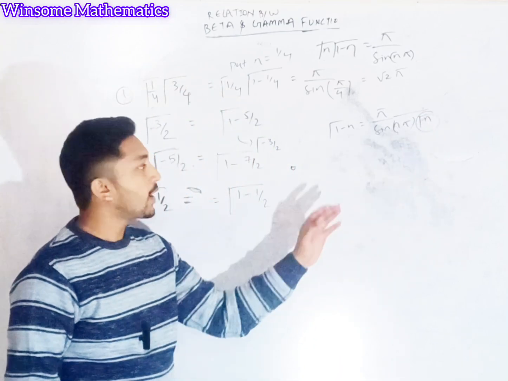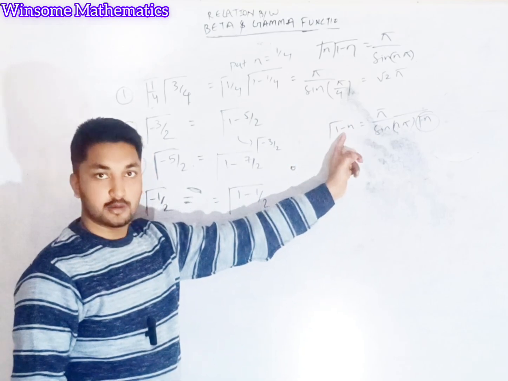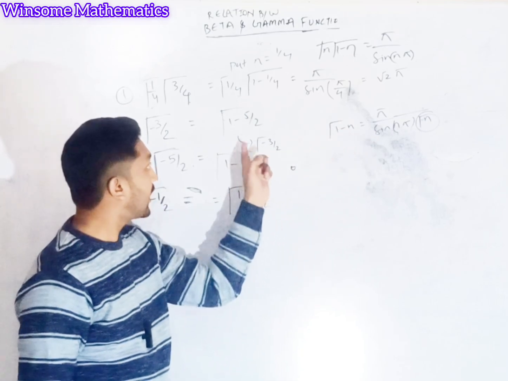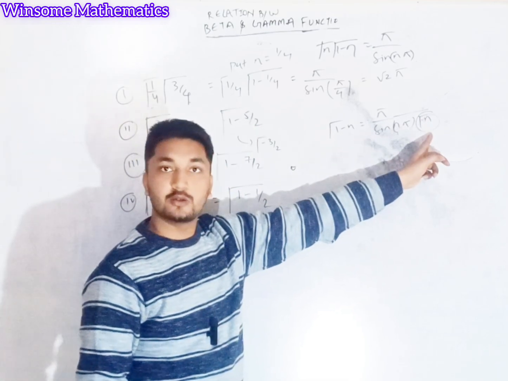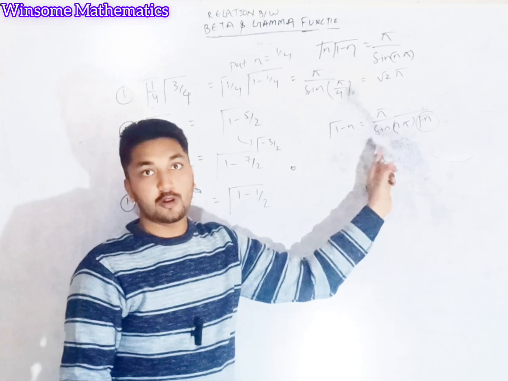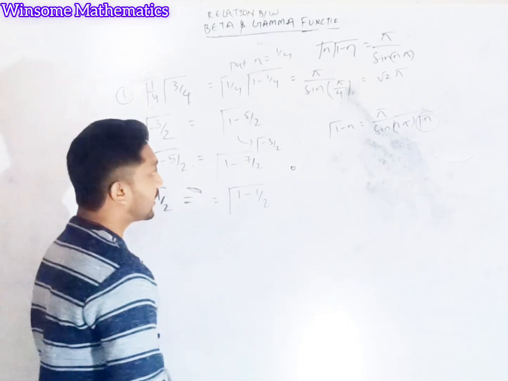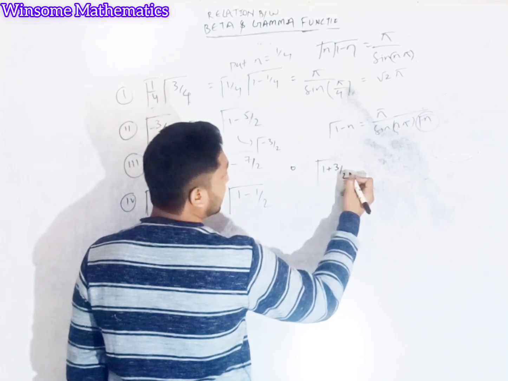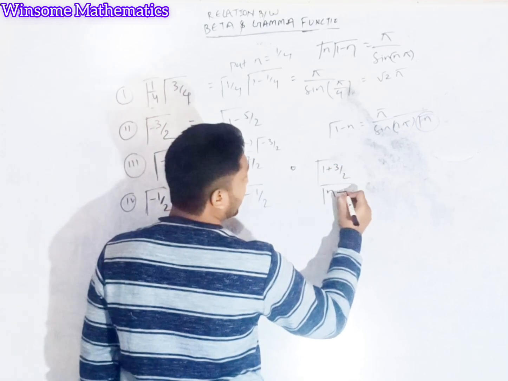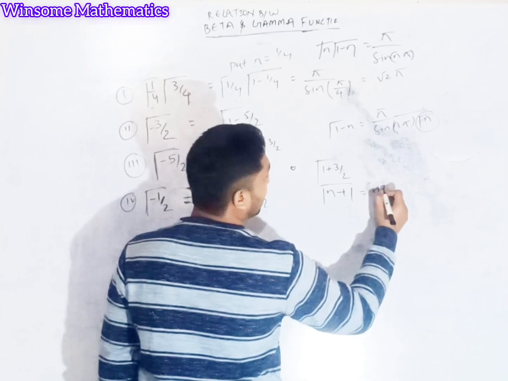This is very clear. So 1 minus n, so n is what, 5 by 2. So we will easily write gamma 5 by 2 here, and we know how to solve gamma 5 by 2 by using the recurrence relation, that is 1 plus 3 by 2, where gamma n plus 1 is equal to n gamma n.